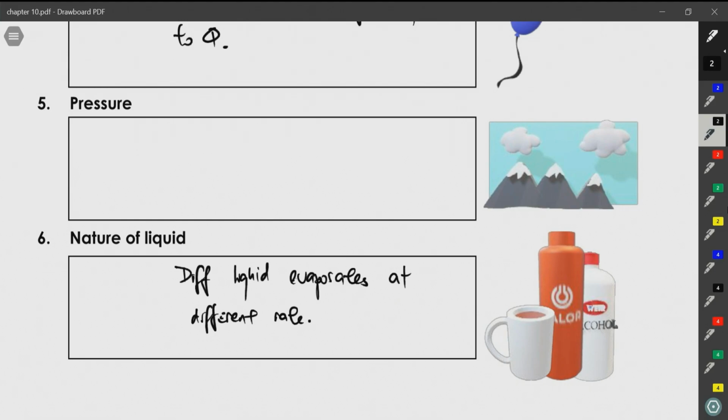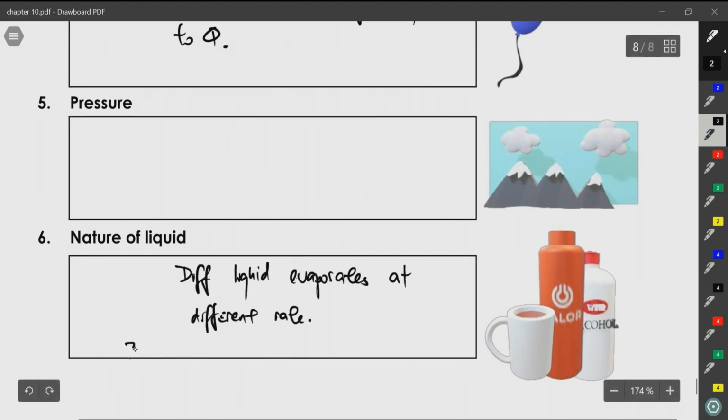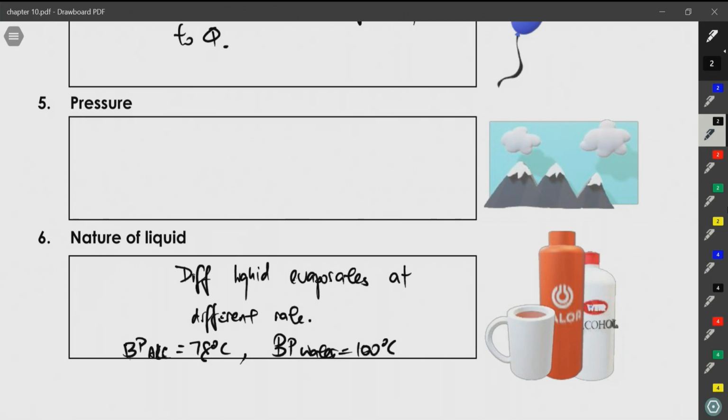The energy required to increase the distance between particles for, say, alcohol and water is definitely different. That's why alcohol has a boiling point of, I think if I'm not wrong, 78 degrees Celsius, while the boiling point of water is 100 degrees Celsius. This difference probably comes from the way they absorb energy and also the way they are structured.